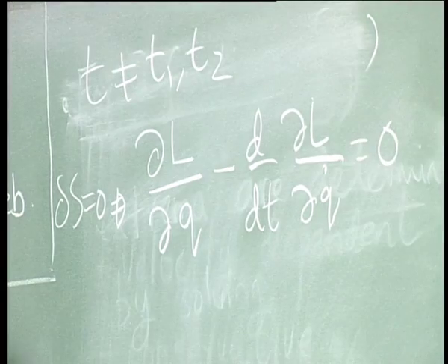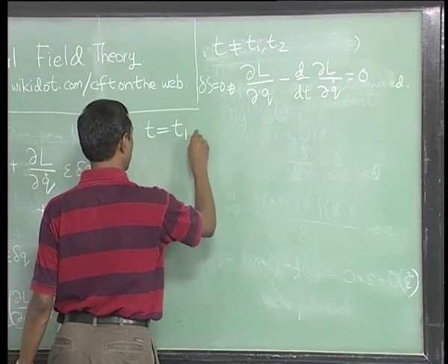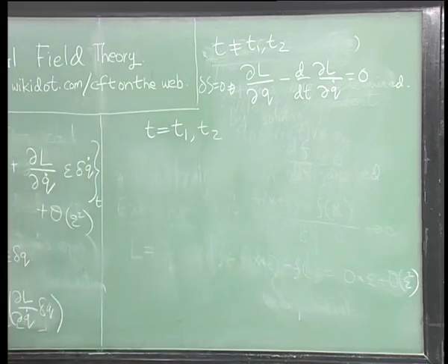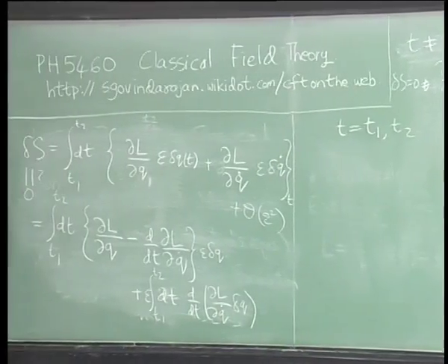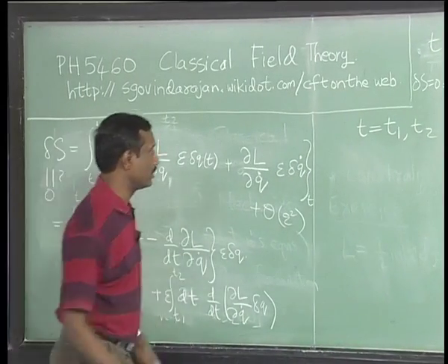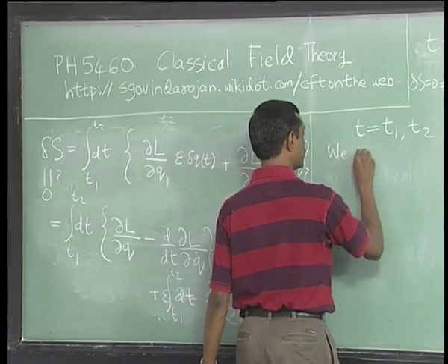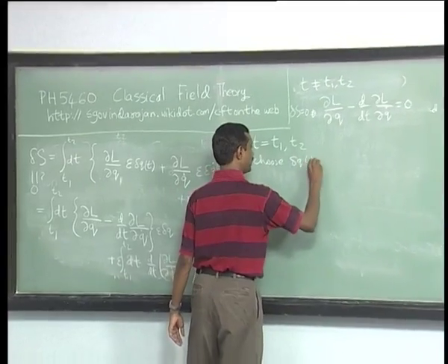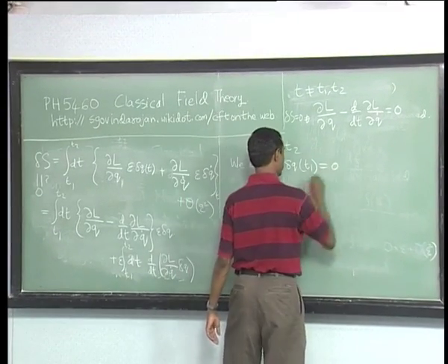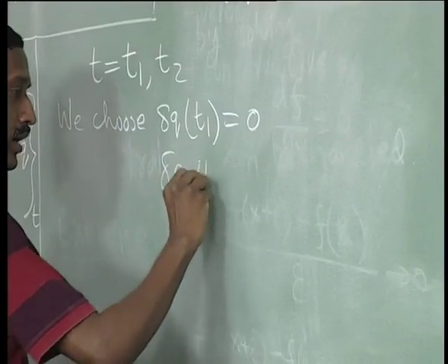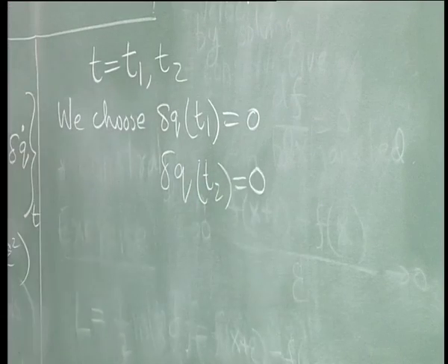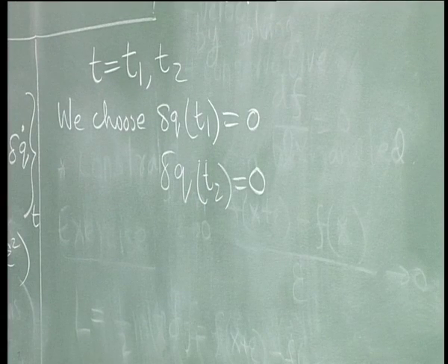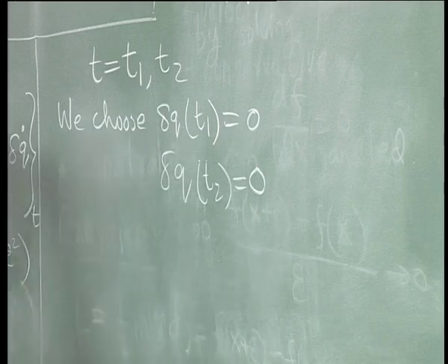But what about t equal to t1 and t2? There what we would do is, we choose delta q at t1 equal to 0 and delta q at t2 equal to 0. Okay. So this is what we will call a boundary condition.